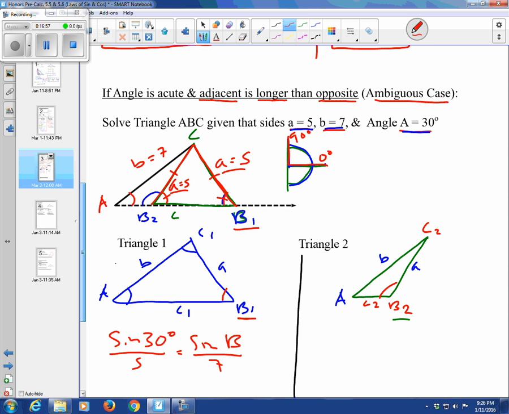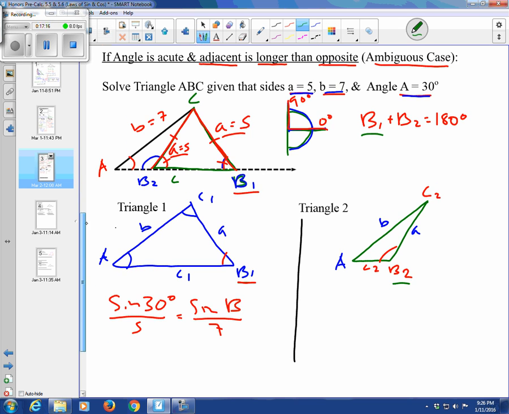That means that the corresponding opposite angles are also congruent, and that means that angle B2 and angle B1 are supplementary angles, which means that they add up to 180 degrees. So once we get our angle B1, we'll be able to solve for our angle B2.